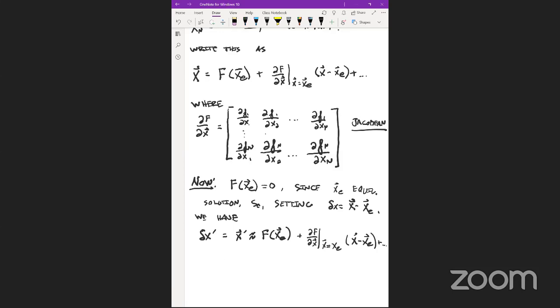So what happens? This goes to 0. This is going to be delta x. This is a constant matrix.